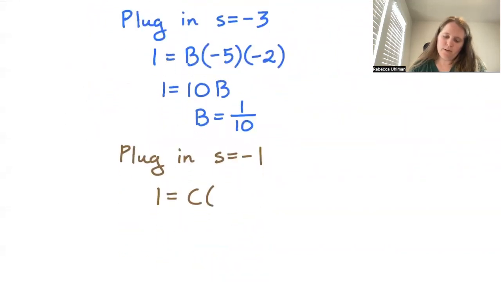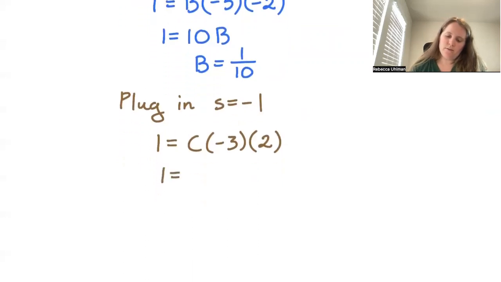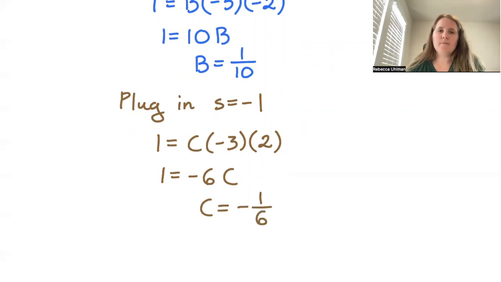So we have -1 minus 2 is -3, and then s plus 3, -1 plus 3 is a +2. So we get 1 is equal to -6 times c, where c is equal to -1/6.